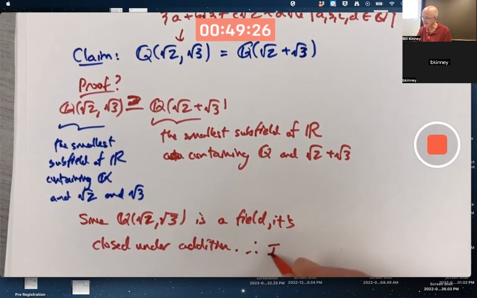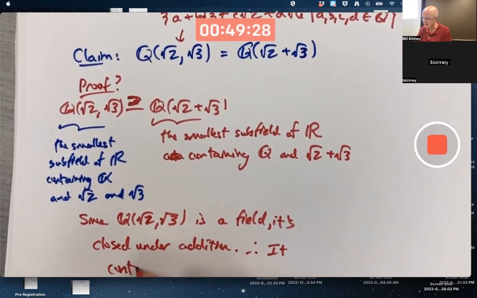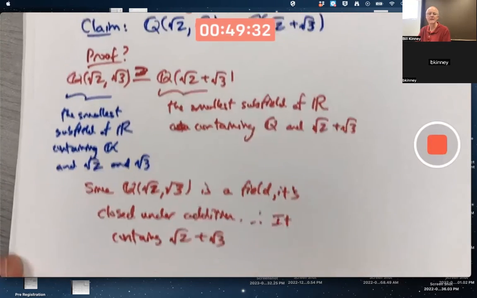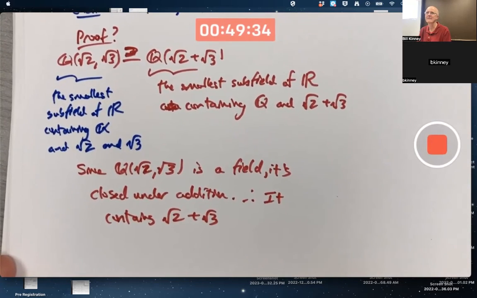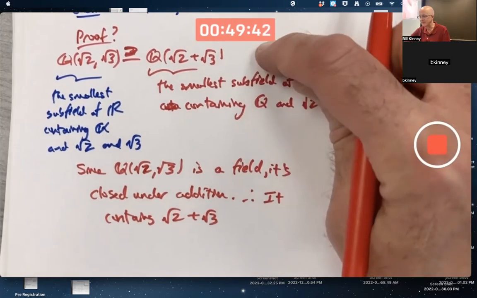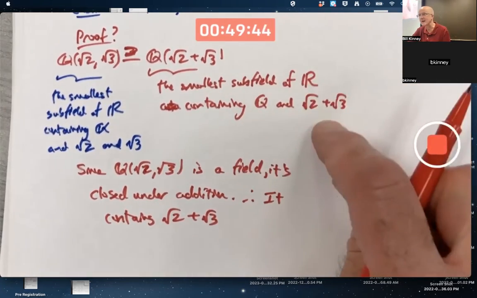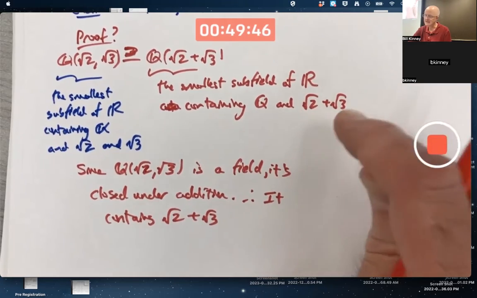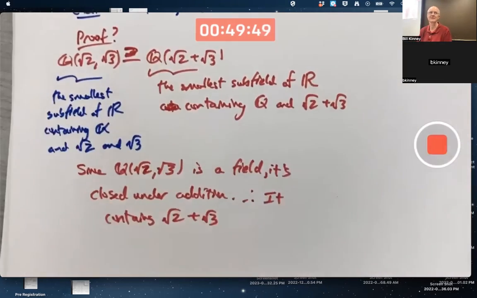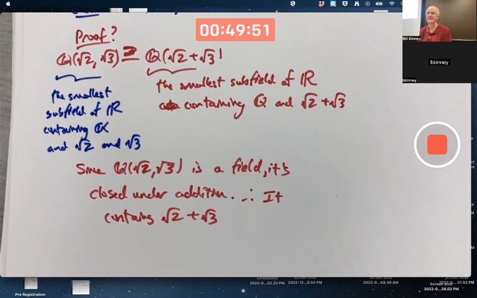Therefore, it contains square root of 2 plus square root of 3. It's got square root of 2 in it. It's got square root of 3 in it. It's a field. It's closed under addition. Therefore, it contains their sum. Since this one was the smallest subfield of R containing all the rationals and that sum, it must therefore be a subfield of this one. Done. It's kind of a subtle argument.